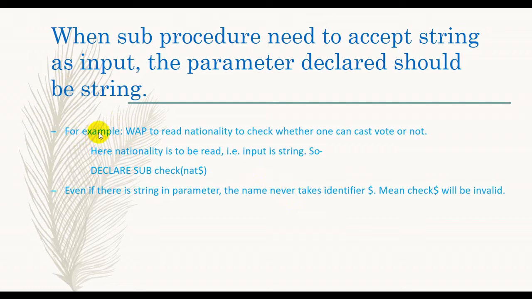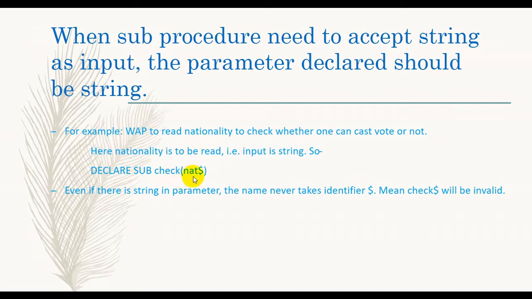When we talk about read nationality to check whether one can cast vote or not, that means here in this case we need to read the nationality, that means in word or in the form of string. So when we declare the procedure, we should write something like this: declare sub check nat string.